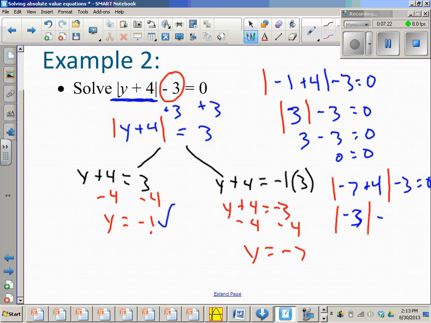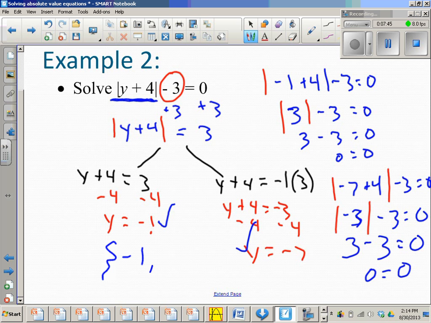Absolute value of a negative number. Remember, we take the opposite of the negative number. Opposite of -3 is positive 3. 3 minus 3 is 0. We have a true statement. So the second solution works. Now we need to rewrite it in our solution set. -1, -7.